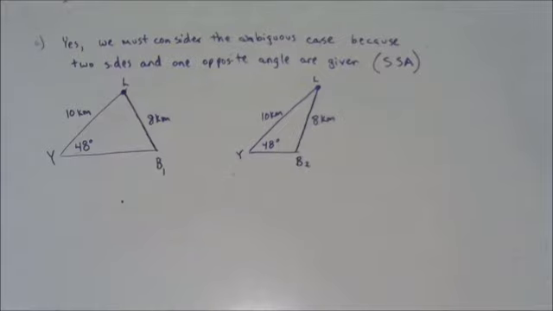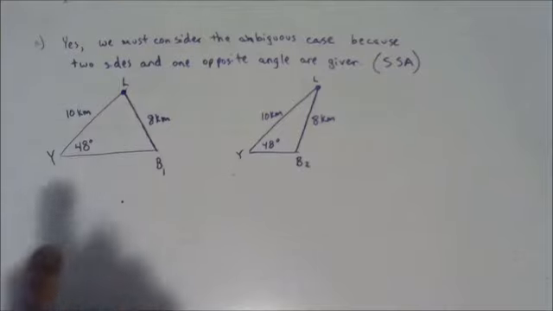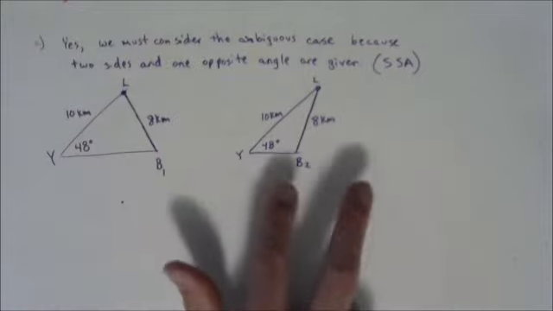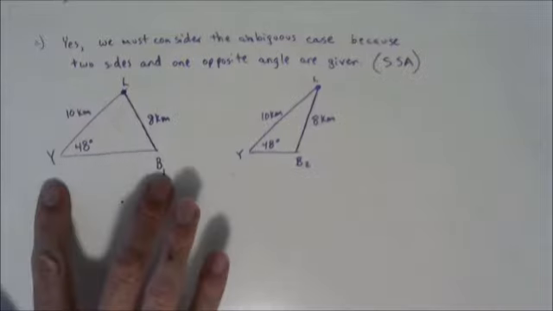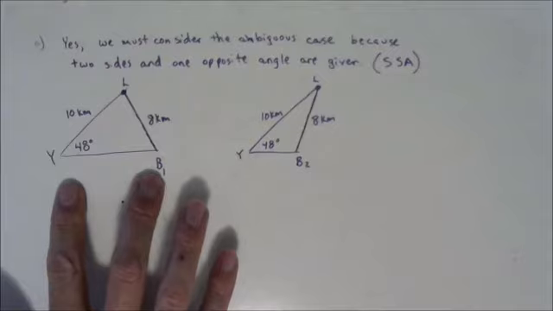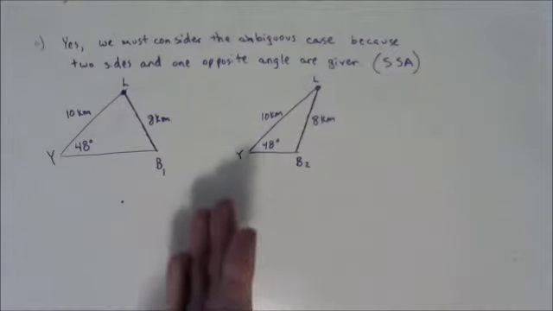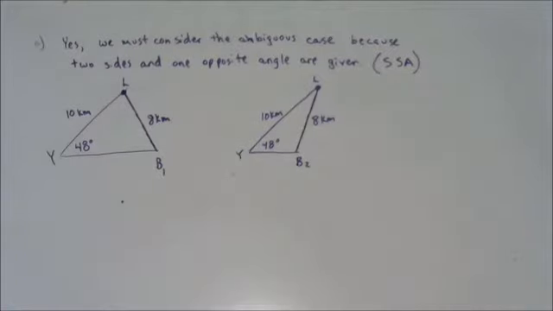and in this case we aren't told which solution it's going to be. It actually could either be this picture or this picture, and we're asked to find, in C, the distance between the yacht and the sailboat. Okay? So it actually could be either of these solutions, and we don't know what it will be.